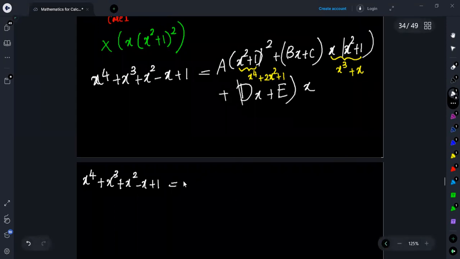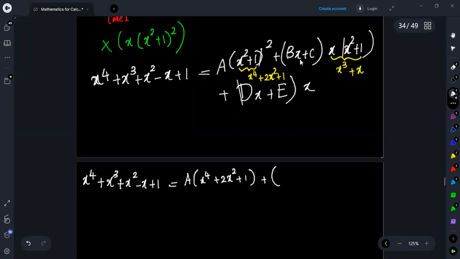So let's write the expression. This equals A times (x^4 + 2x^2 + 1), and let's multiply each part separately.